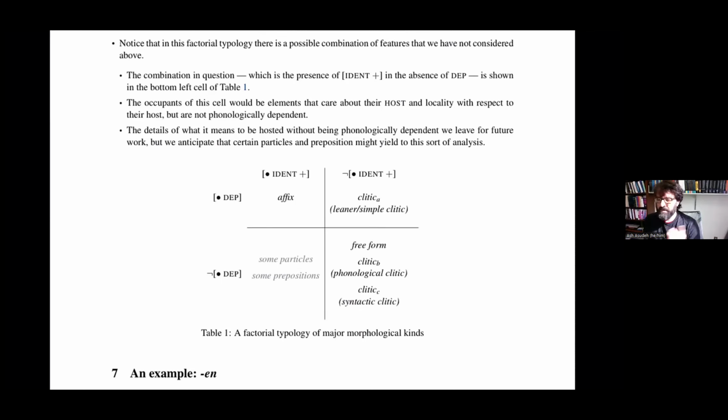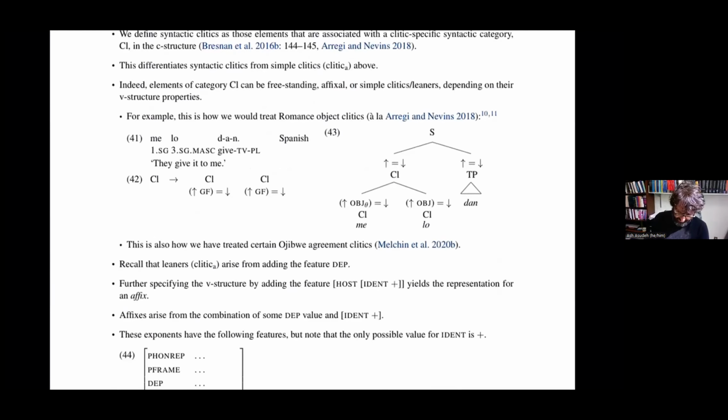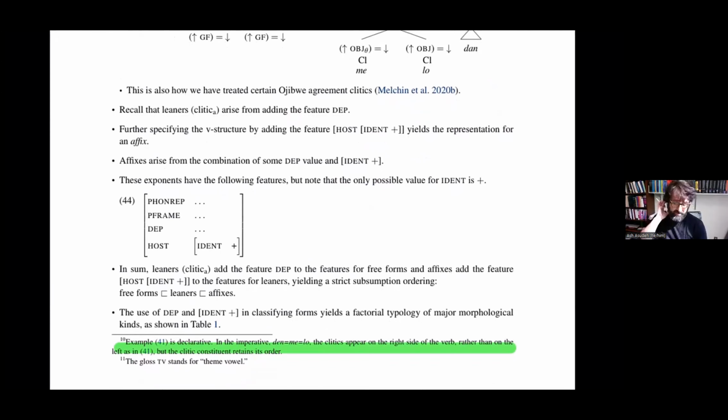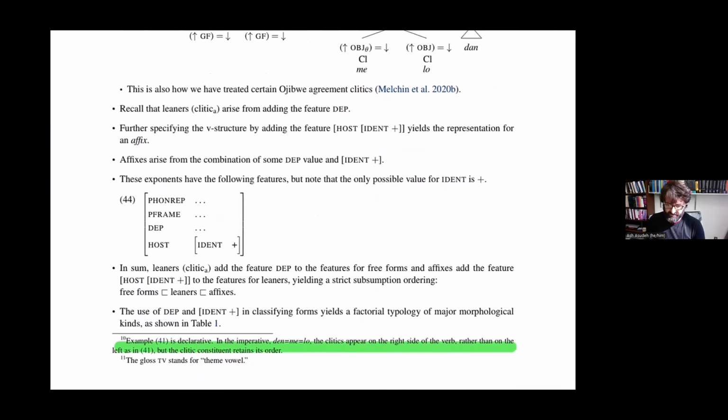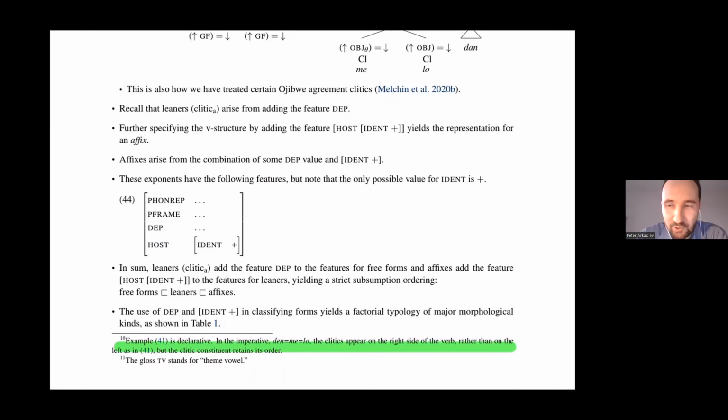Okay. Now, going back to your point about affixes and clitics, yeah, I completely agree. These could be affixes, right? But the fact is that the Romance things, whatever they are, in the imperative flip to the other side of the verb, okay? And that's, at least by my sort of upbringing, kind of a weird thing for affixes to do. It's not. Sorry, it's not.